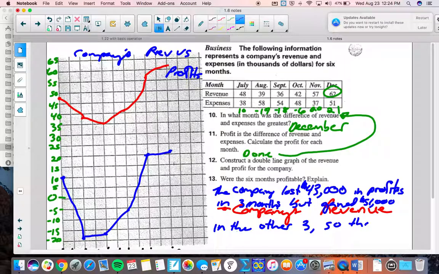So they had a total profit of $8,000. That's the difference between what they lost and what they gained. Boom.